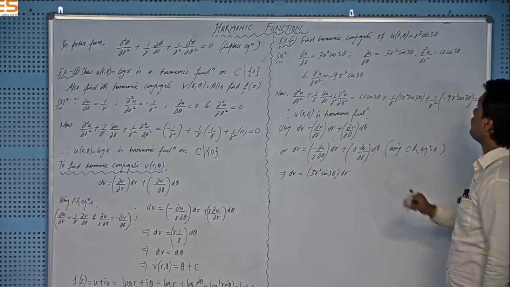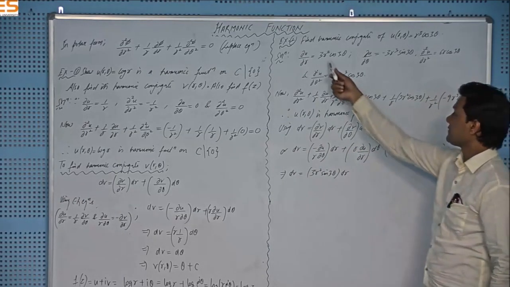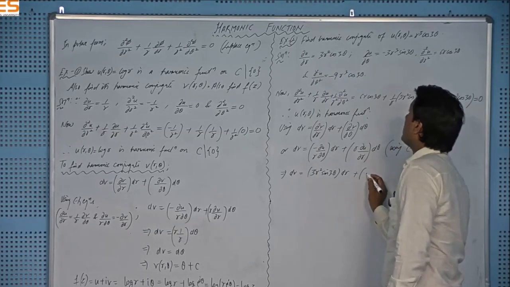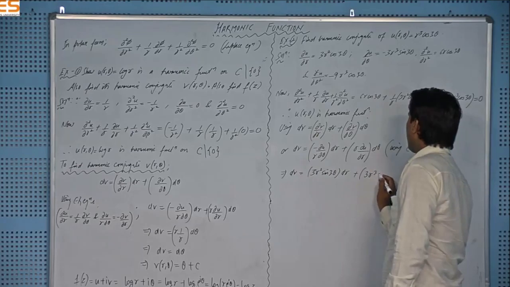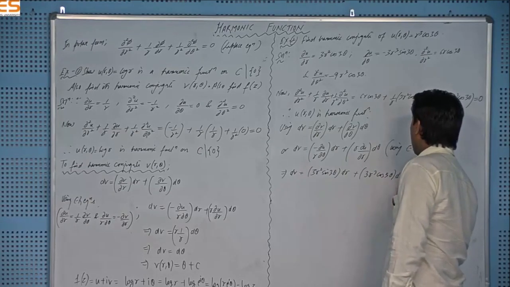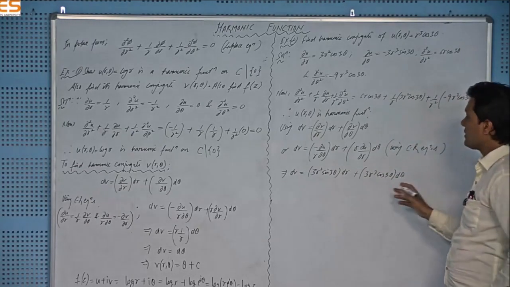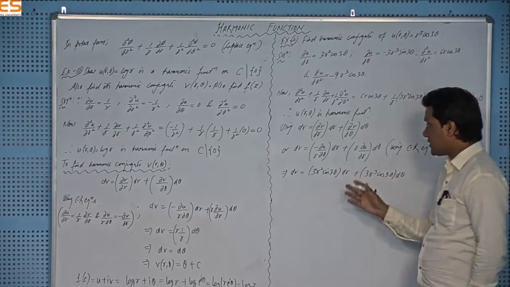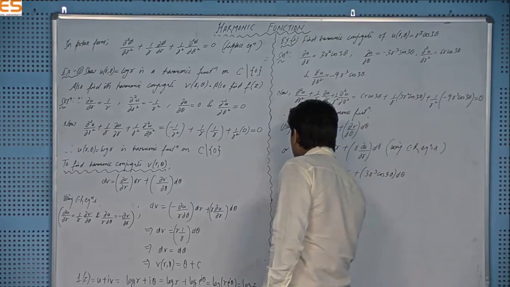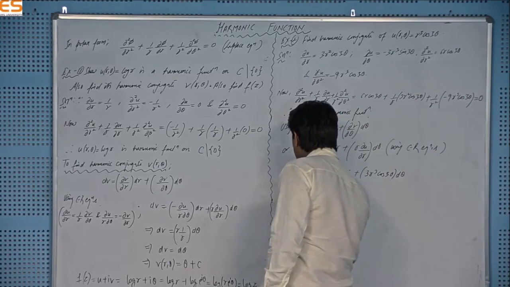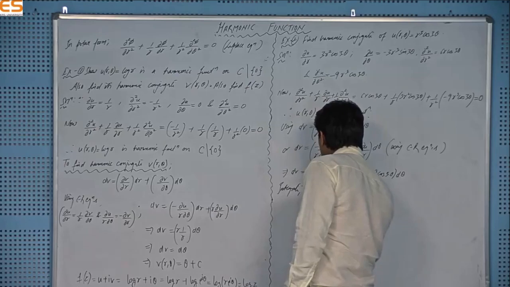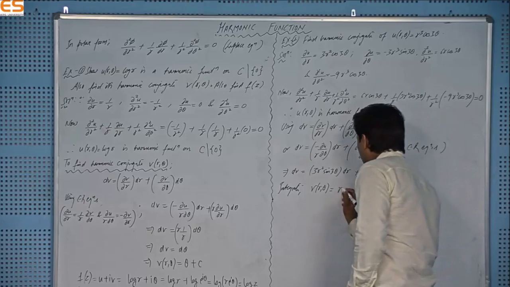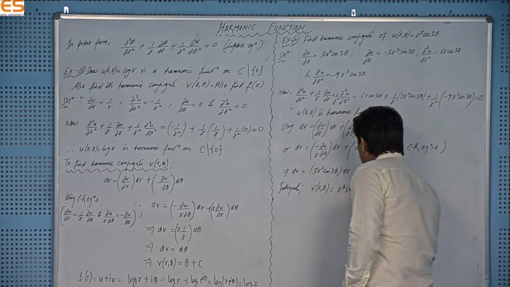And then r times del u by del r, where is that? That will be, I think, 3 r cube cos 3 theta d theta, right? And again we can see that this equation is an exact differential equation, right? Then we'll just integrate it using that rule. That will give me v as a function of r and theta, and integration of this with respect to r will be r cube, treating theta as constant, right?